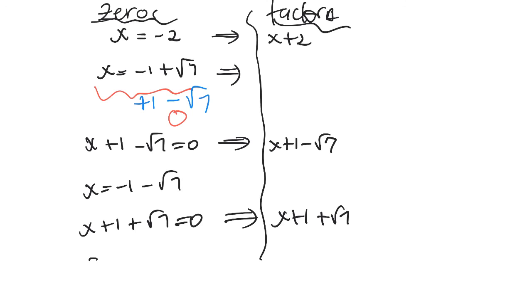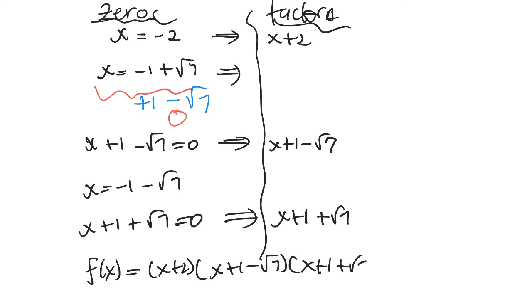So now I can write my polynomial f of x. It's going to equal x plus 2 times x plus 1 minus root 7 times x plus 1 plus root 7. So those are going to be the values that will work for rewriting our polynomial as a product of those linear factors. I hope this movie on this problem was helpful for you.